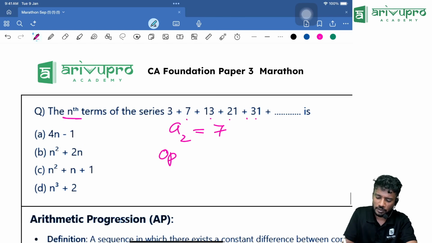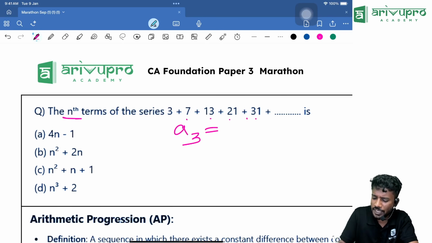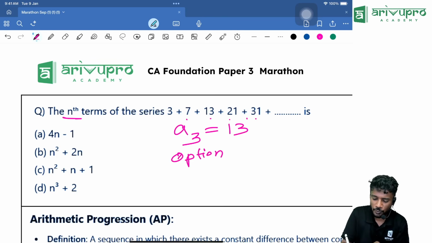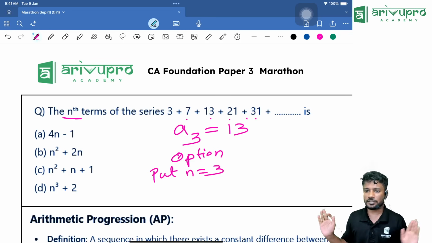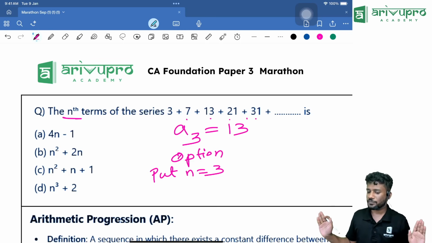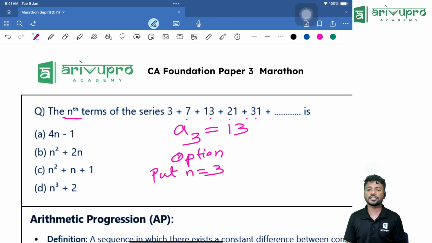Now option hit. Or you go for A3. Always go for the bigger numbers. A3 is how much? 13. Now option hit: when we put n is equal to 3 in all the options, whichever is giving you 13, that's your answer. Try first option, 4 into 3 minus 1 is how much? 11.